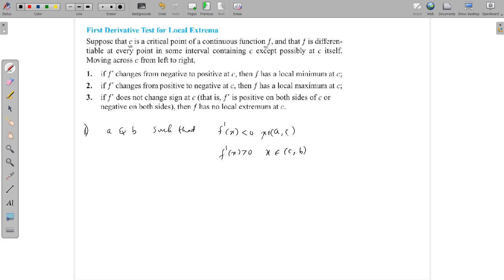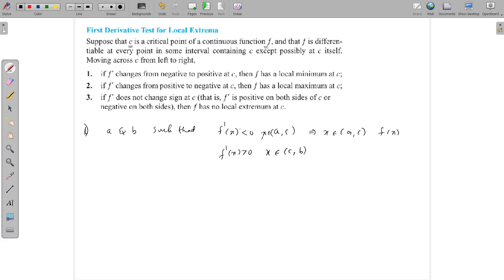That means on the left hand side of c, you can find an interval where f dash x is less than 0, and you can find an interval on the right hand side of c where we have f dash x greater than 0. Now this implies if we choose x belonging to (a, c), here the derivative is negative.